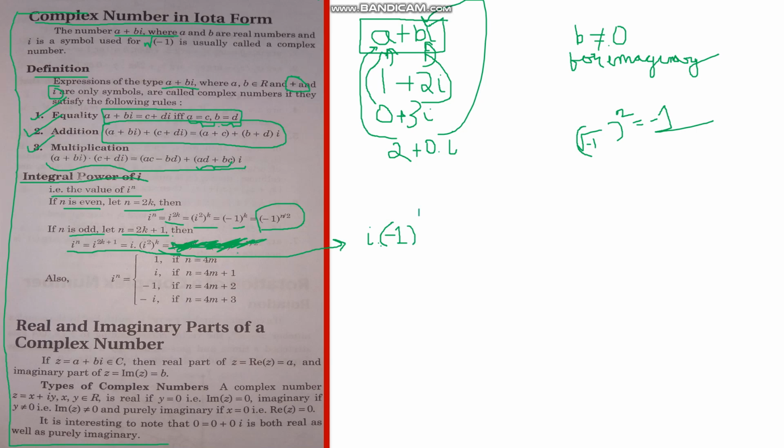Now what is k here? If k is even, I can write this as I. If k is odd, it will be minus I. I think I am having some confusion in this statement.